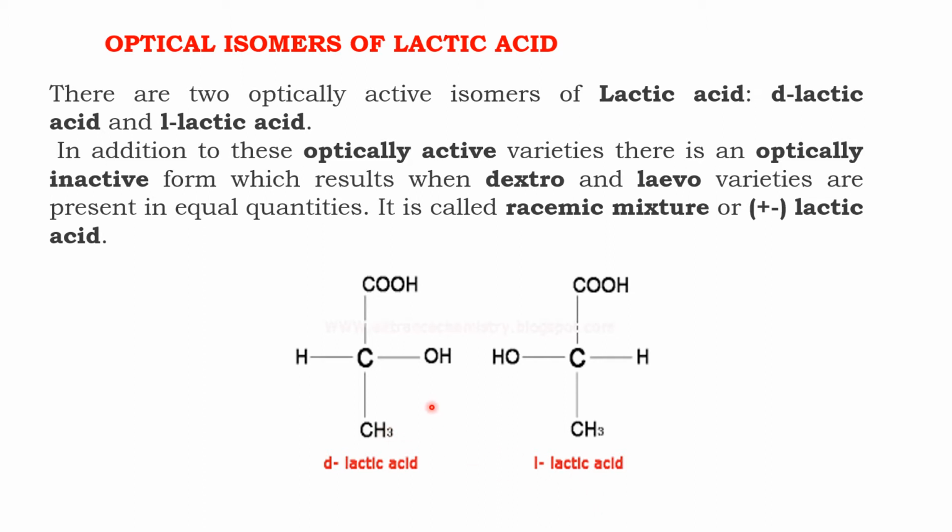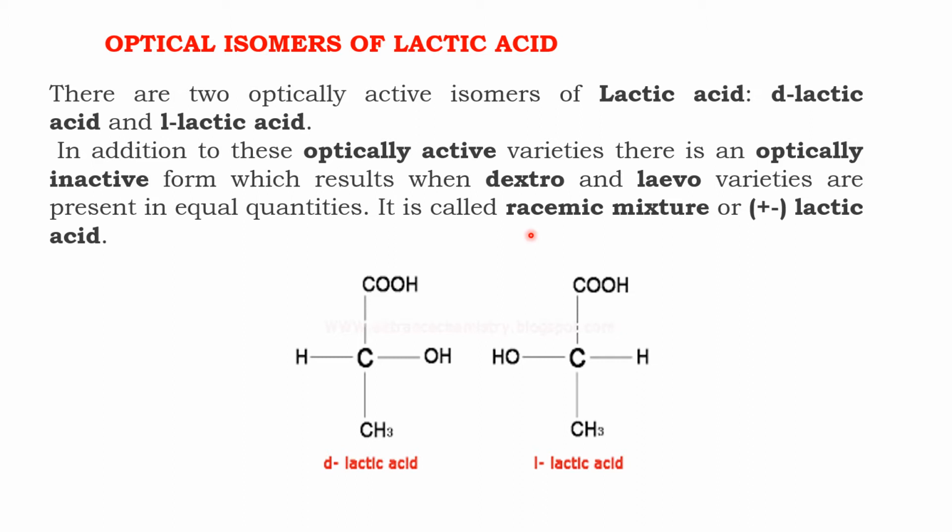If I take 10 molecules of dextro and 10 molecules of levo, mix them together and study the optical rotation, the optical rotation is 0, or the resulting mixture is optically inactive. Such mixtures which are optically inactive due to the presence of equal amounts of dextro and levo are called racemic mixture.